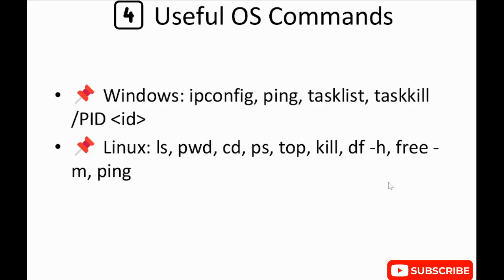And ping, if you want to check the IP address, simply type ping and the IP, and you get all the details related to that IP. For that you use the ping command.